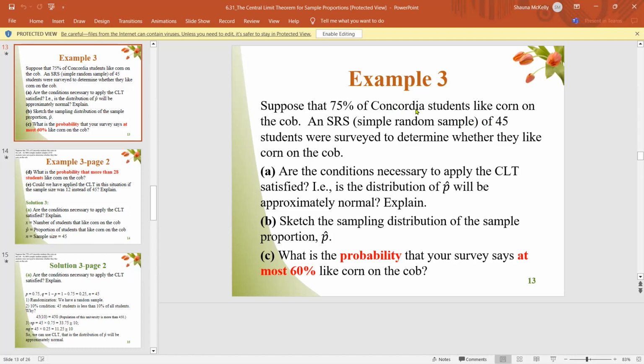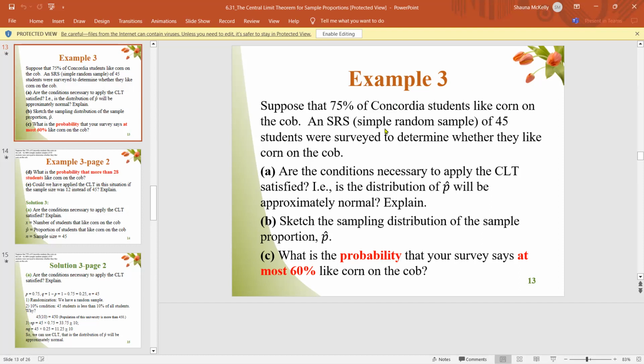Cerritos College is a community college and we have thousands of students. Unless this is a tiny university that just got founded, maybe not. Concordia is a pretty widely known school and they have way more than 450 students.